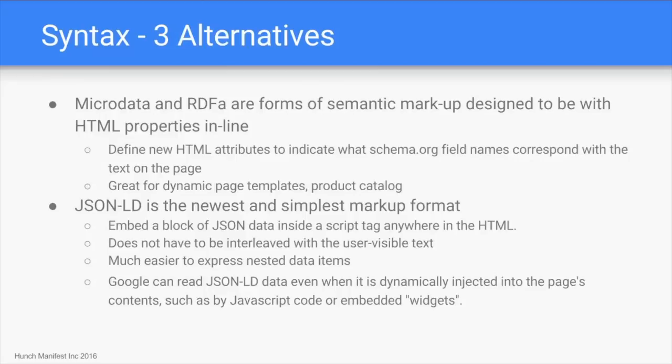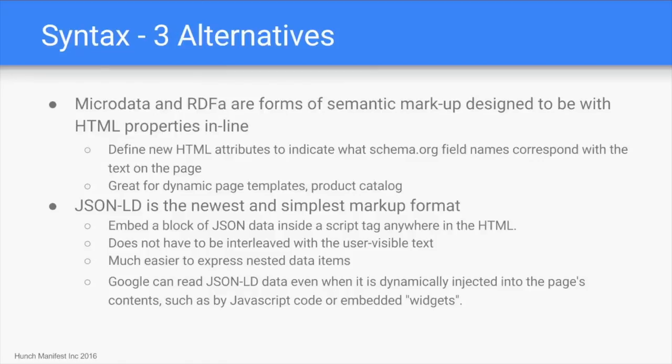You'll often find them attached to declare that the content within those elements is related to that particular schema class or property. Microdata and RDFa were the first markups to be part of the syntaxes valid for providing schema.org, and they're great for dynamic page templates, in your product catalog, for instance.